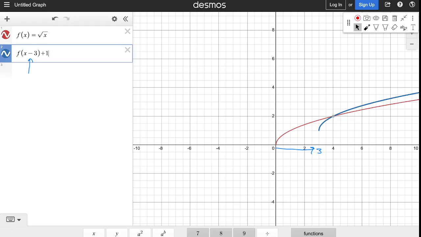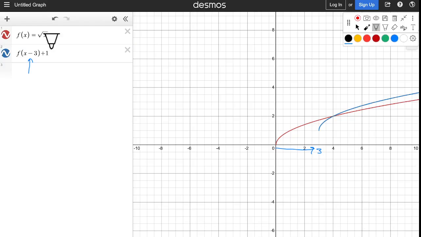So by the +1, it then moved it up 1. So that 1 point moved, and actually every single point moved 3 to the right, 1 up. And that's why the graph looks identical, except just translated. Moved right and then up.